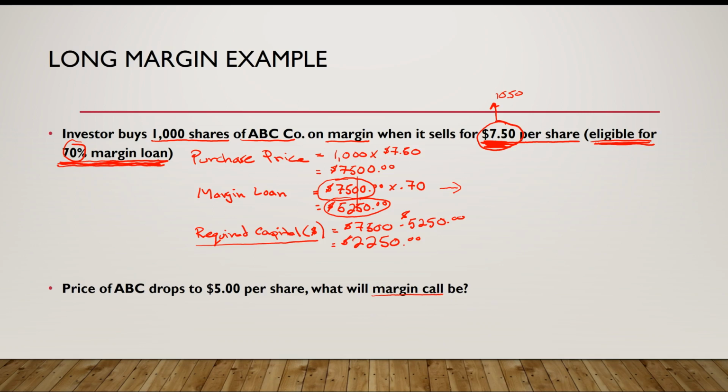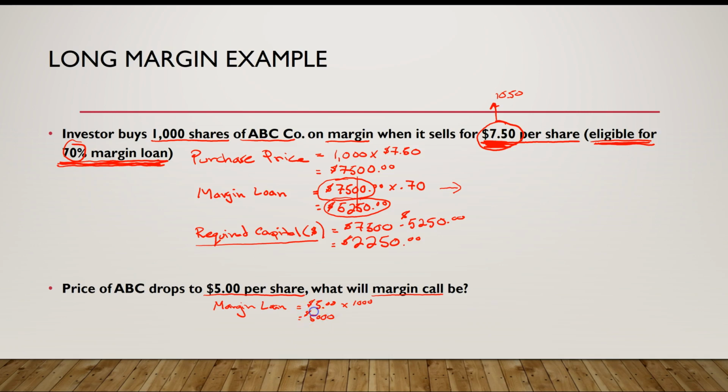So if we go through this example, let's say the price per share goes down to $5. The margin loan that my broker dealer is now willing to lend me is going to be based on this $5 per share amount times 1,000 shares. So now this is going to equal $5,000, right?